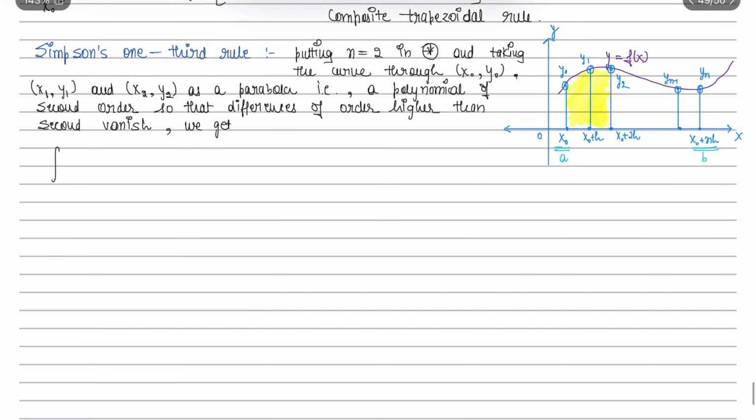The integration from x naught to x naught plus 2 times h, as we have used the value of n as 2, will become 2 times h into y naught plus first forward difference plus 1 by 6 into second forward difference, which will be equal to h by 3 into y naught plus 4 times y1 plus y2. This is my Simpson's 1/3 rule.